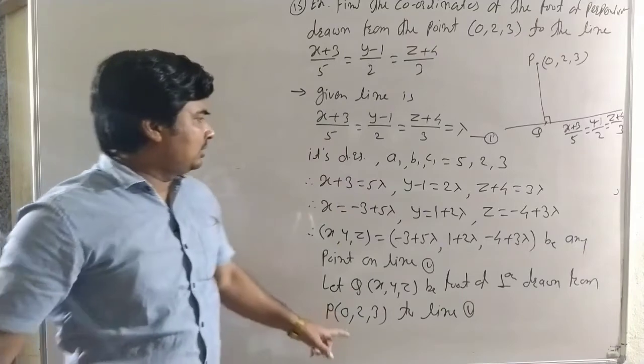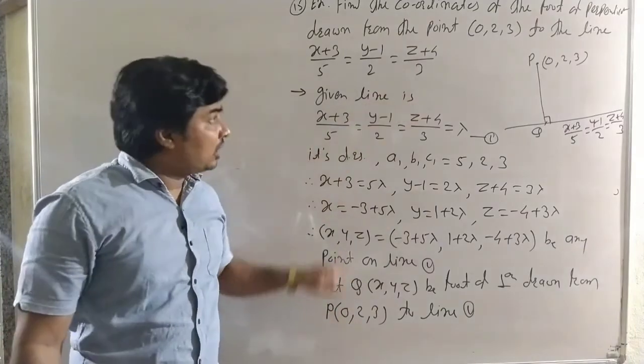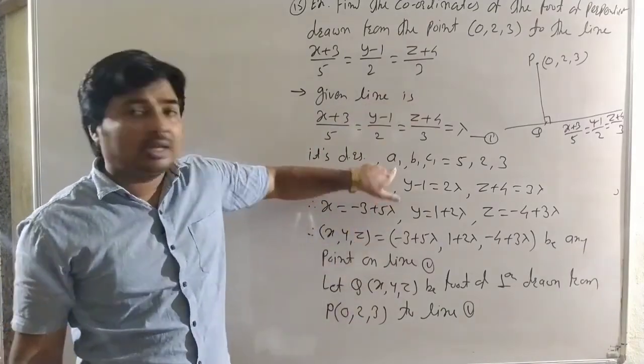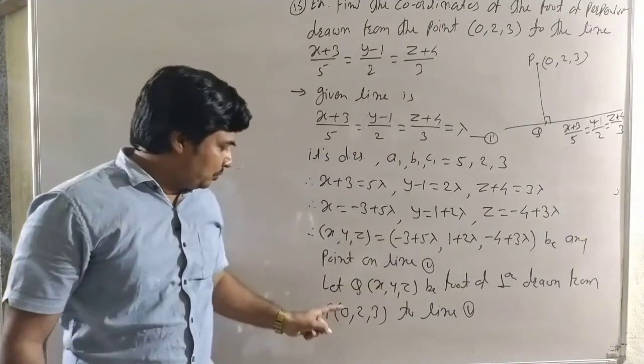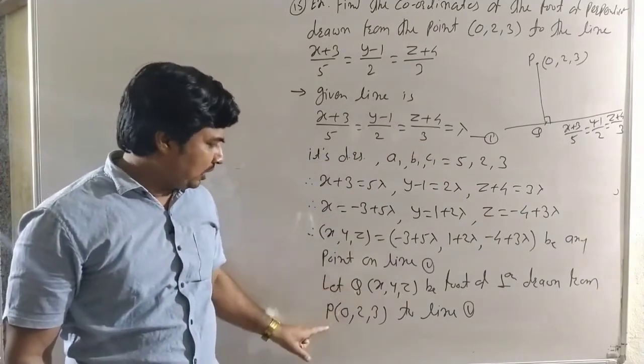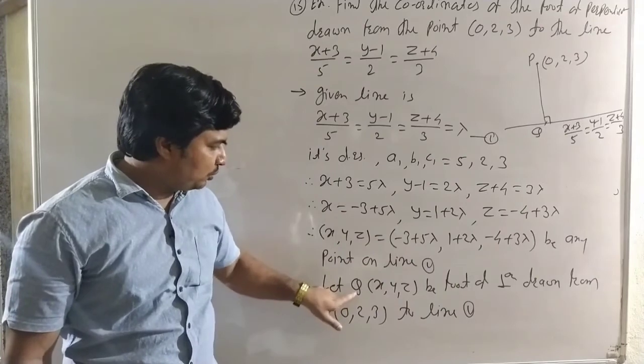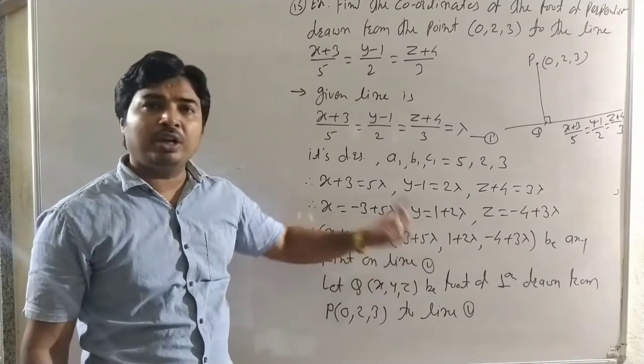Therefore the line and PQ are perpendicular. The direction ratios of the line are known. We find the direction ratios of PQ. Here it is P and it is Q(x, y, z), the coordinates of point Q.